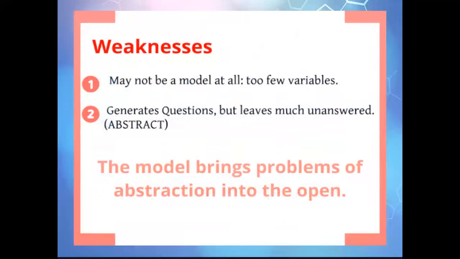Now, for this model's weaknesses, number one, it may not be a model at all because there are too few variables. And number two, it generates questions but leaves much unanswered, which is why it is considered abstract. Now, the model brings problems of abstraction into the open.